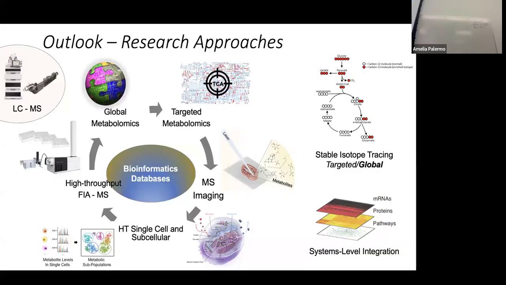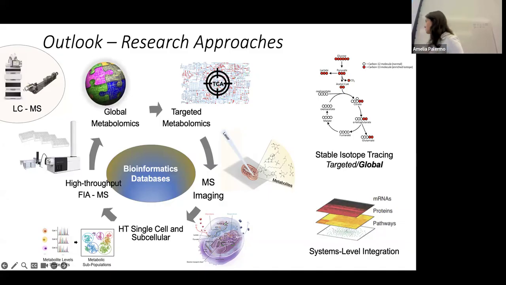And then going back to the high throughput approaches without chromatography, these are very suitable for big clinical studies where we have thousands of samples and don't have the ability to invest time in chromatography. All of this is complemented by stable isotope tracing, for confirming and getting further insight on the flux, the directionality of the metabolic changes, and then systems level integration with proteomics, mRNA sequencing, and other omics layers.